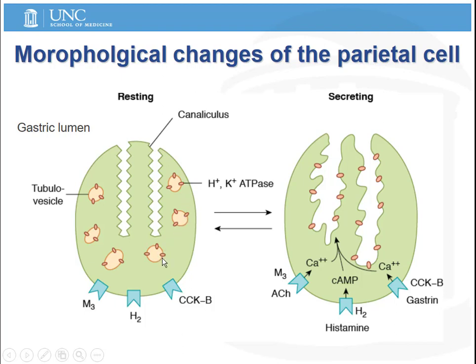Upon stimulation by binding of gastrin or histamine or acetylcholine to their basolateral receptors, the tubulovesicles fuse into the canalicular membrane, resulting in a large increase in surface area of the luminal membrane, as well as insertion of the hydrogen-potassium ATPases so that acid can be secreted into the lumen at a much higher rate.